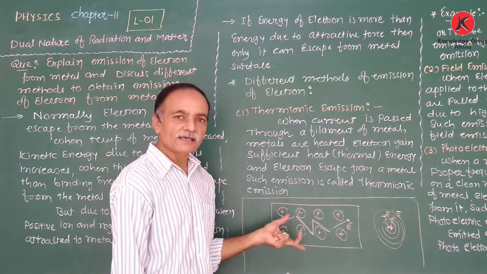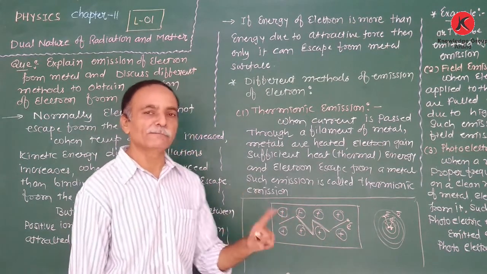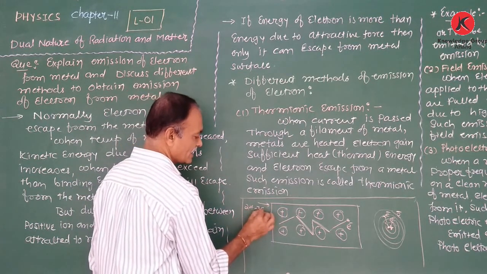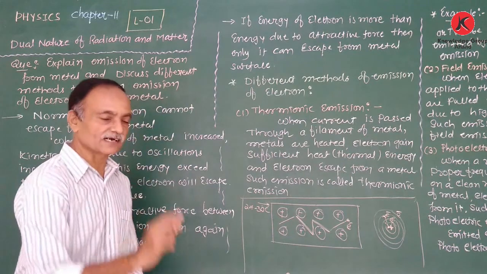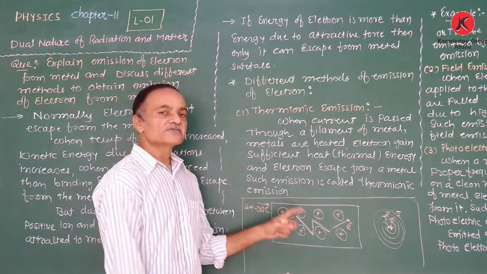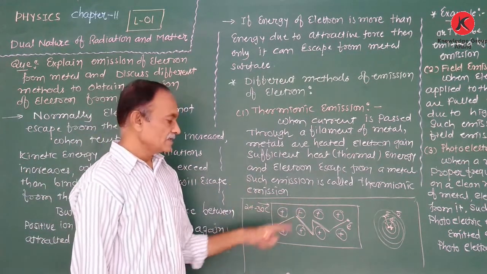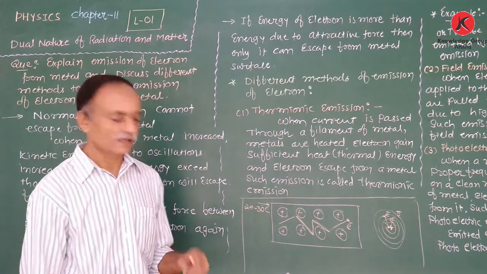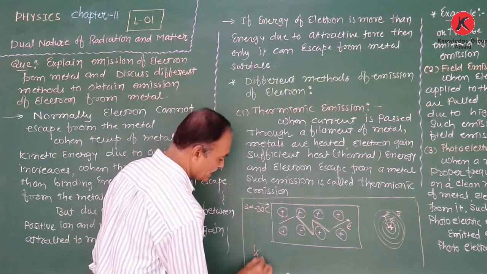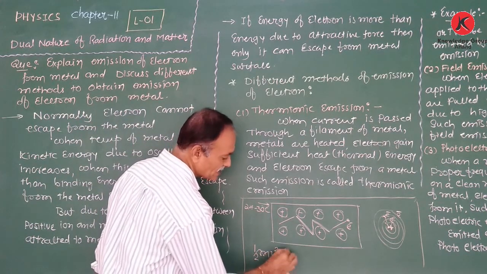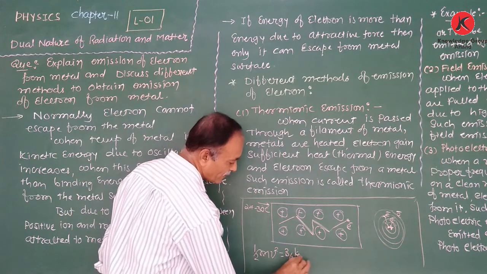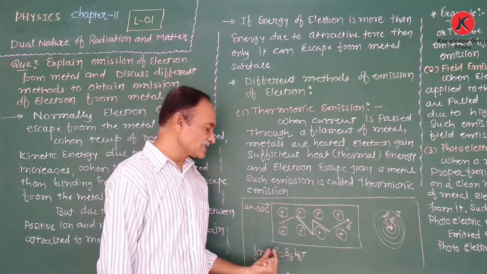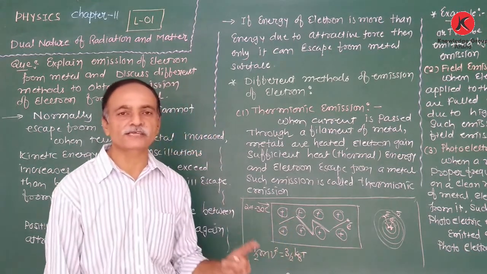So keep in mind this concept also. Now there is the metal. We are using the metal at room temperature, that means approximately 27 to 30 degrees centigrade. Already we discussed in 11th standard that the kinetic energy, half m v square, is equal to 3 by 2 k_B T. So the kinetic energy of a molecule is directly proportional to the absolute temperature.